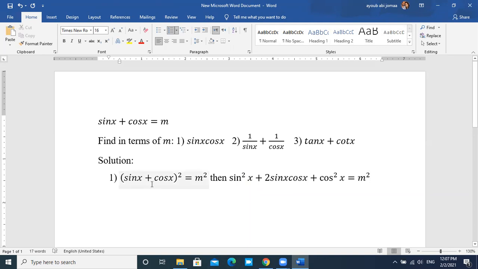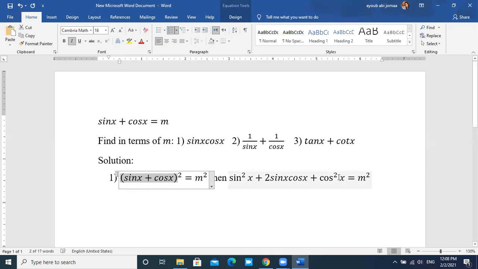In order to find the product, the easiest way is to square both sides, because when you apply the identity a plus b squared, you get a squared plus 2ab. So 2ab is the product here, sin x cosine x. Of course you have to simplify.